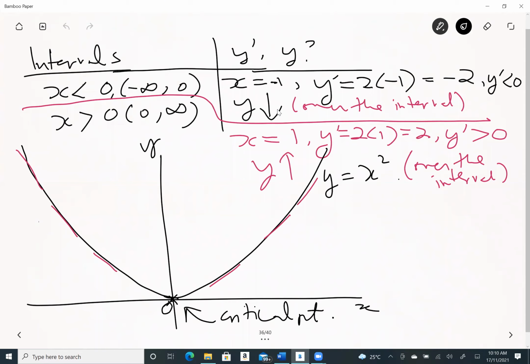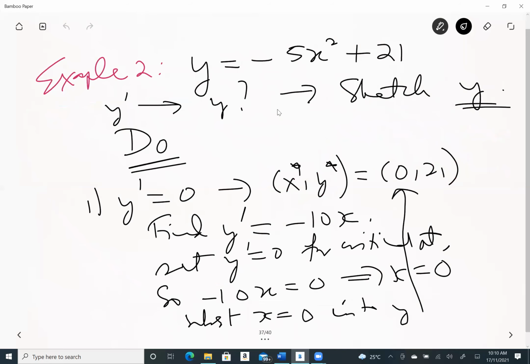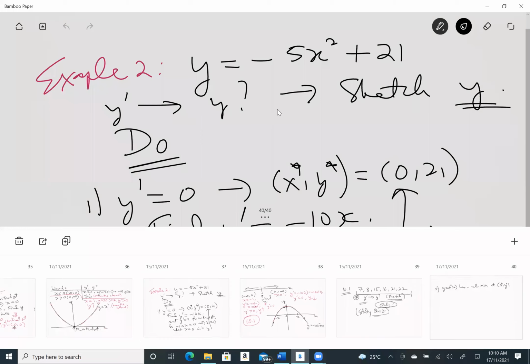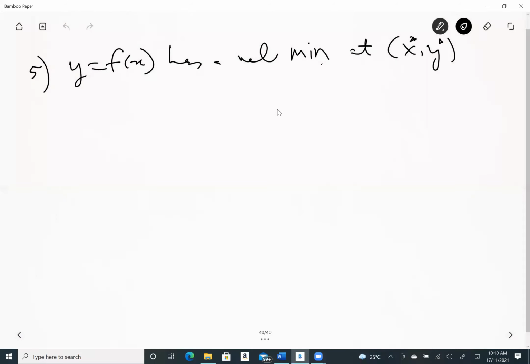So therefore, the critical point, what? The critical point x star, y star, the function has a minimum at that point. So we just describe what we have from the graph. So the function has a minimum at x star, y star if what?